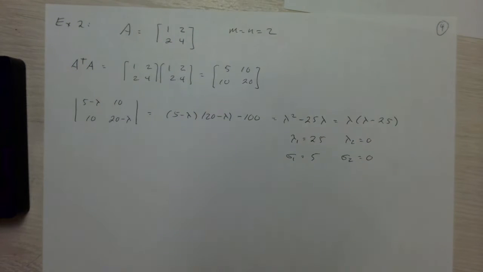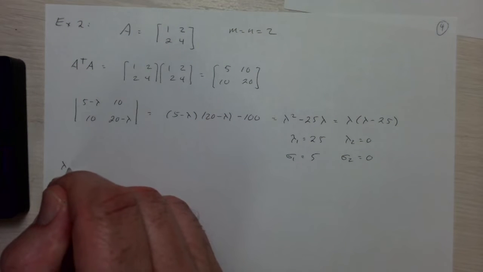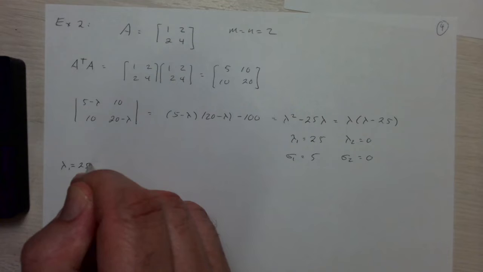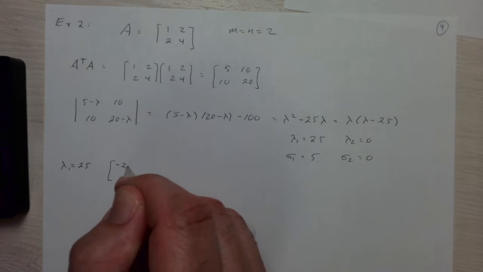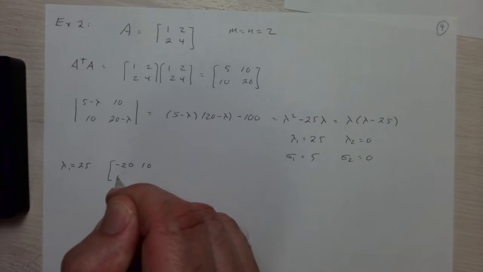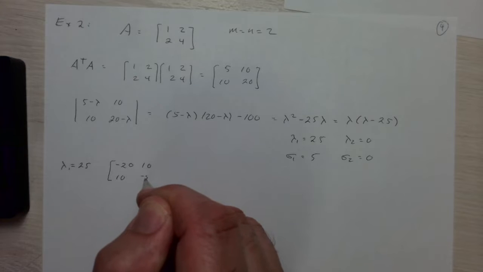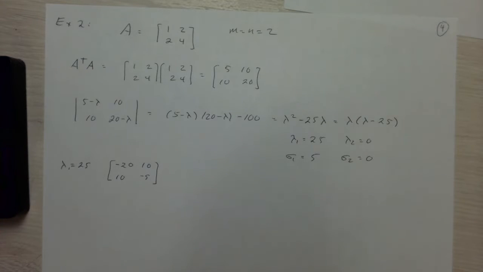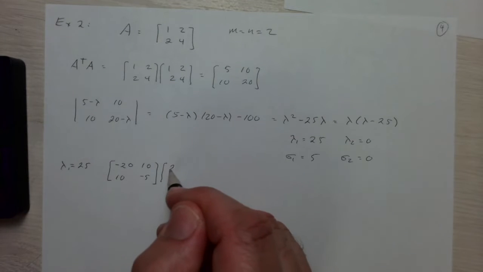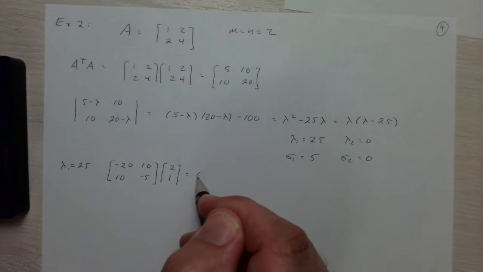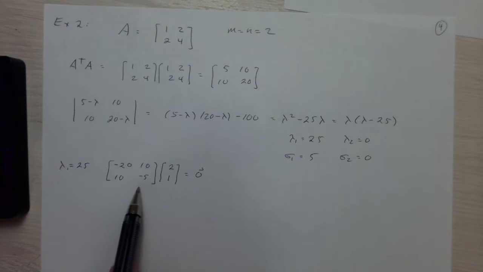To find the eigenvectors, when lambda is equal to 25, we get minus 20, 10, 10, and negative 5. Hopefully you can see it's not too hard to find that the vector 2, 1 is orthogonal to both rows.